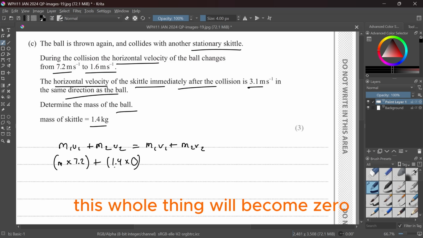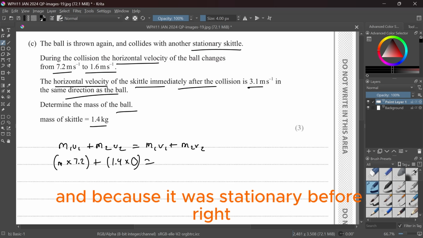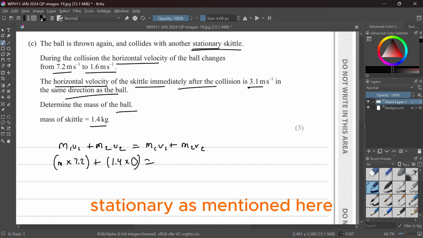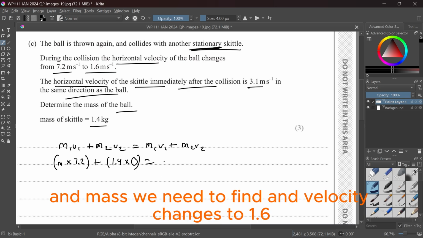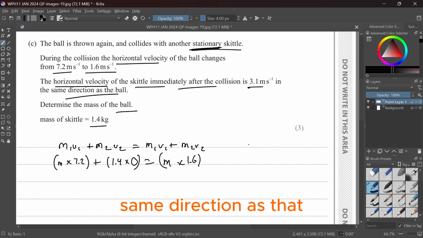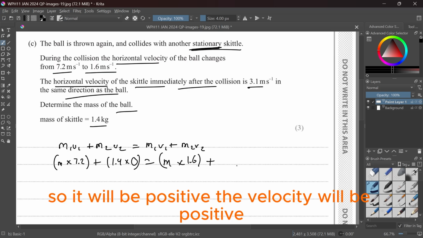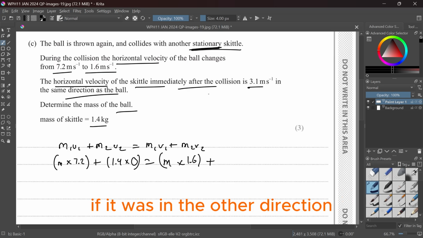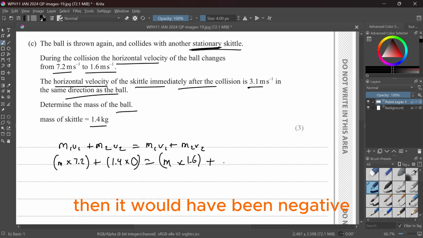So this whole thing will become 0, because it was stationary before, right? Stationary, as mentioned here. And the mass we need to find, and the velocity changes to 1.6, in the same direction, so it will be positive. If it was in the other direction, then it would have been negative.